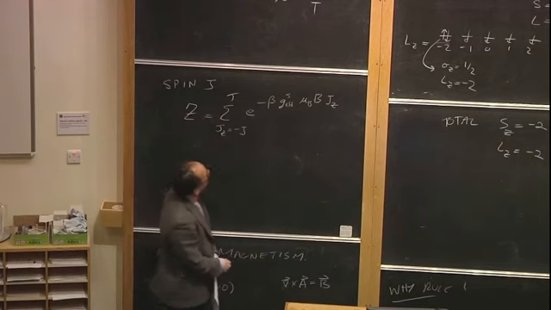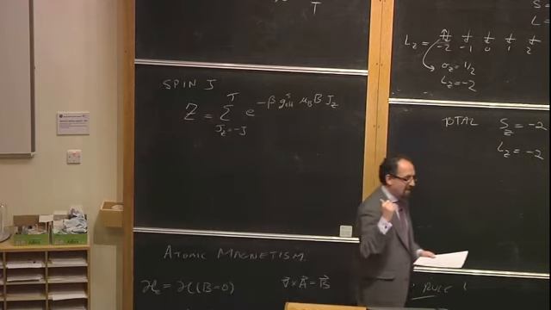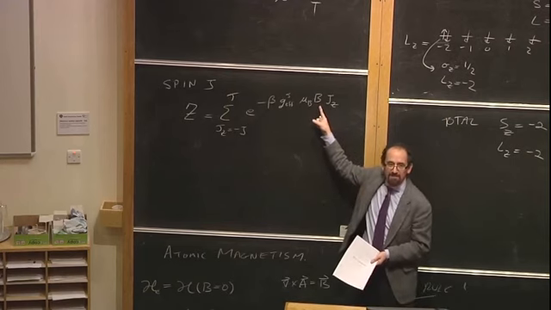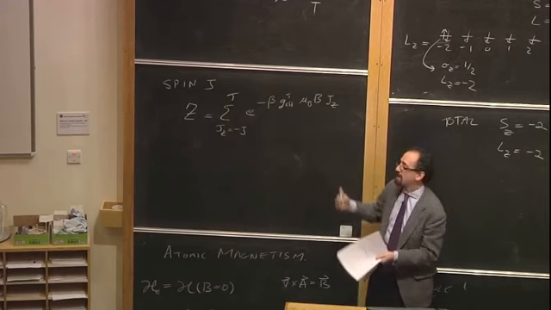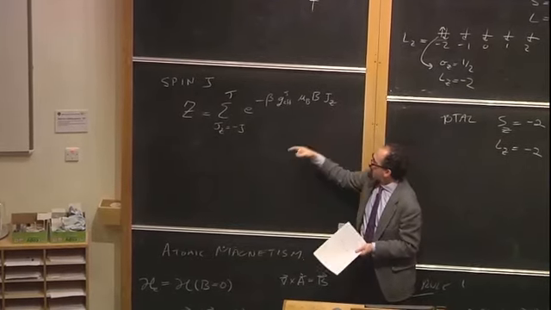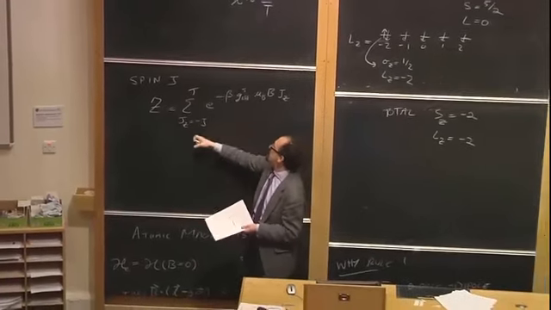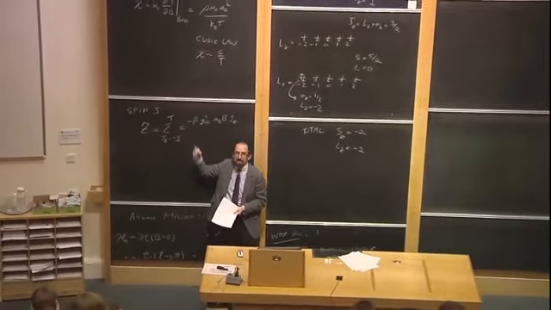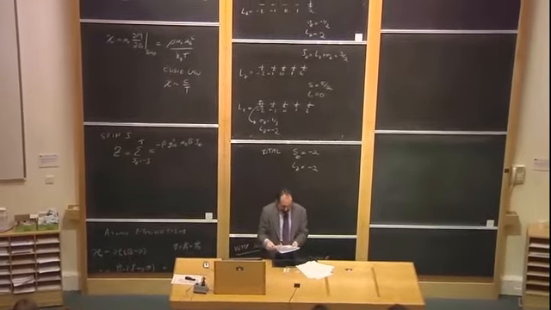I think I implied here, without stating it, that B is pointing in the z direction. Otherwise, we would use a different axis. If we put B in the x direction, we would just use a different basis where we count jx from minus j to j. Sorry about that.